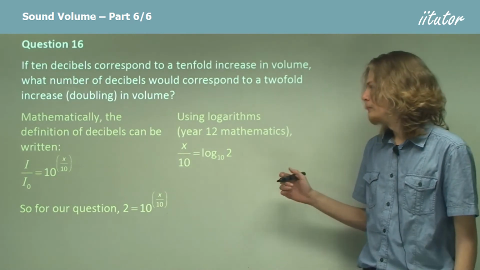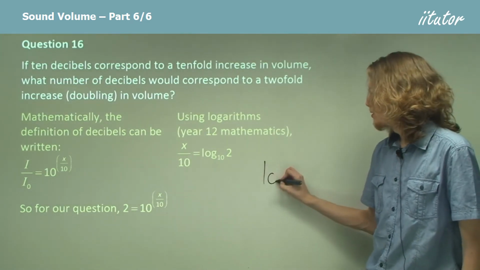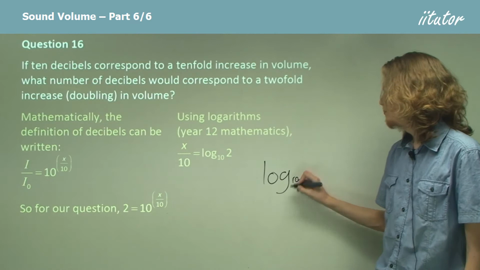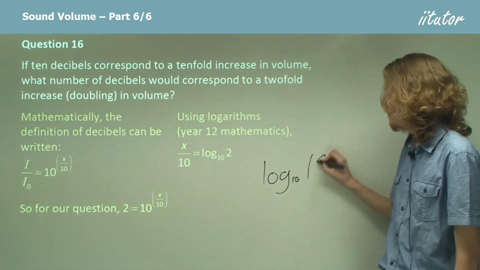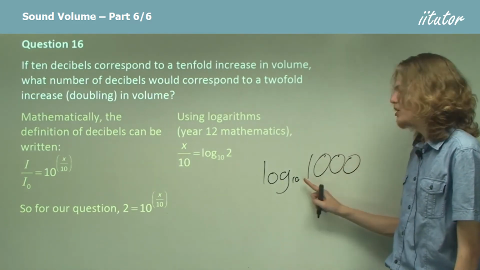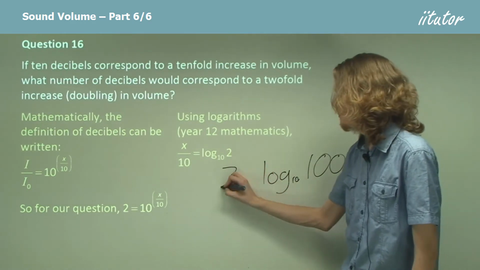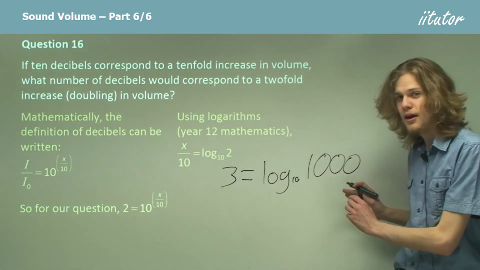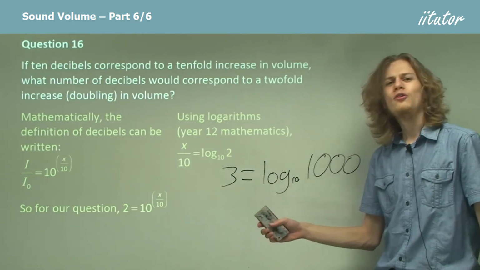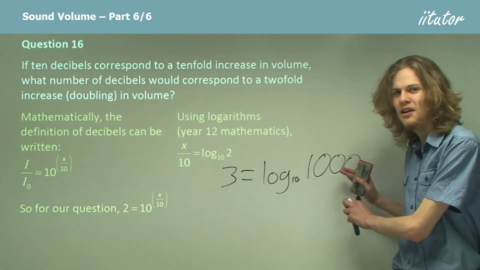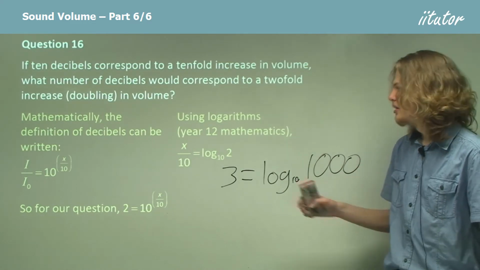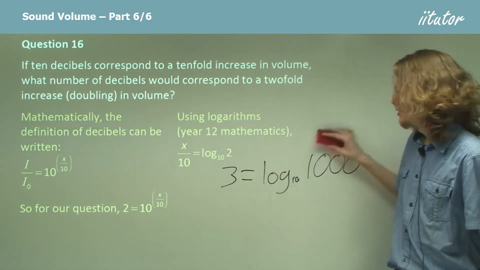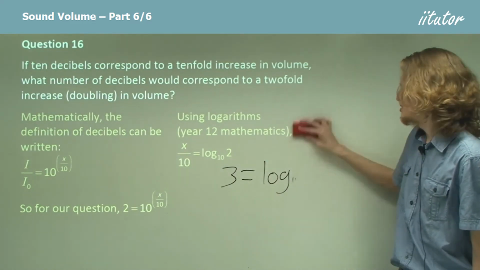I mentioned before that if we take the log base 10 of, for example, 1,000, then we'll get the number of zeros in 1,000. It's like saying 10 to the power of 3 is 1,000. In this case though, we don't have a nice power of 10 that we're taking the logarithm on. We have a 2. So we're going to need to solve this with a calculator.